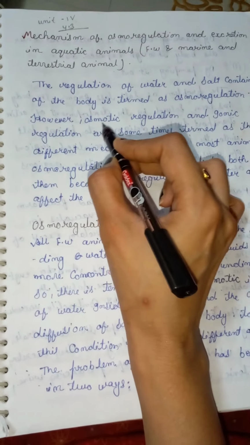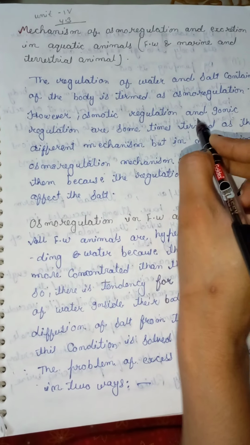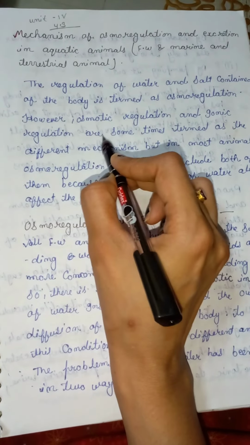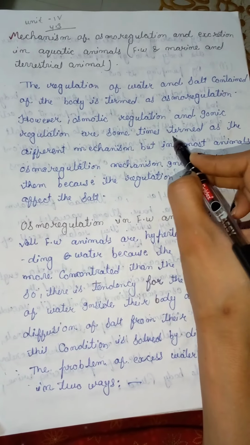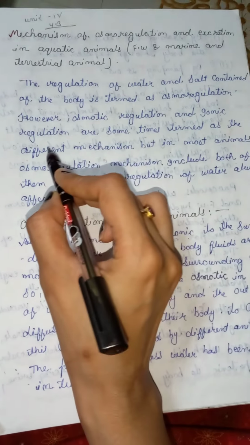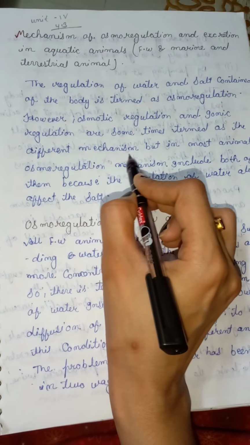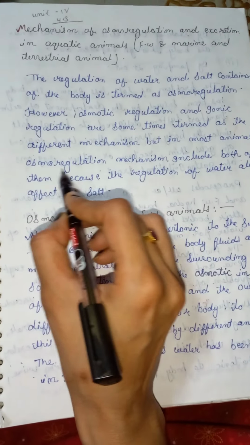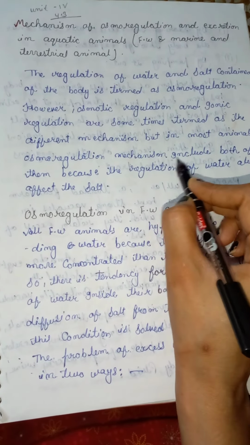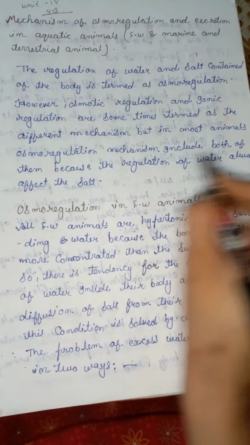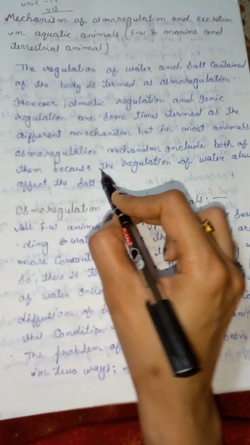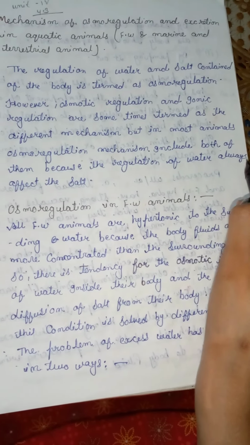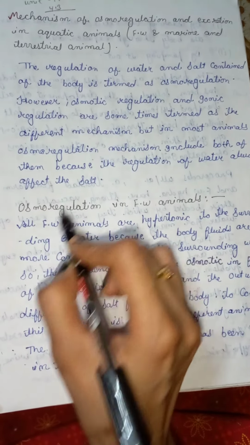However, osmotic regulation and ionic regulation are sometimes termed as different mechanisms, but in most animals, osmoregulation mechanism includes both of them because the regulation of water always affects the salt.